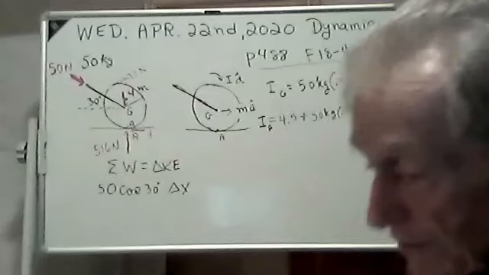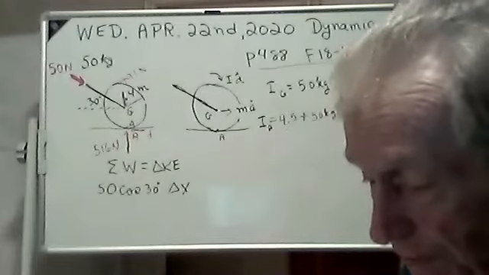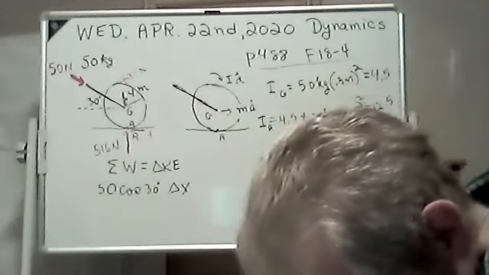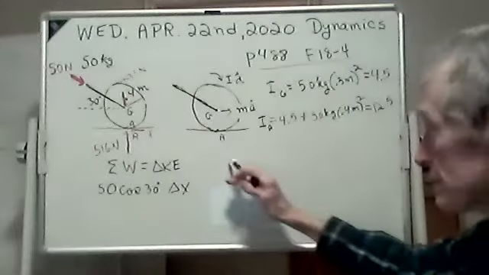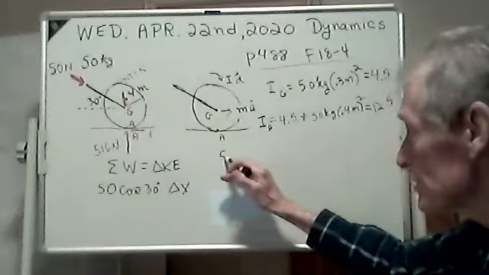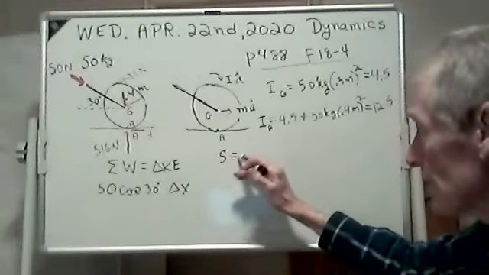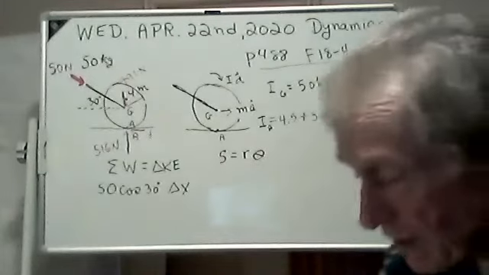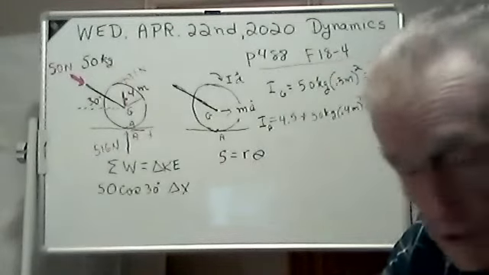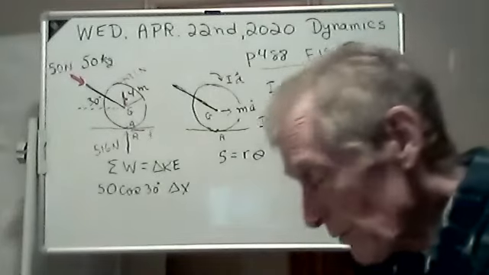Now they said it turns 50 revolutions. Is that right? Let me read it. Blah, blah, blah. No, 10 revolutions. Well, I can tell you, using this lovely equation that you've memorized called the arc length equation, how far that wheel rolls.